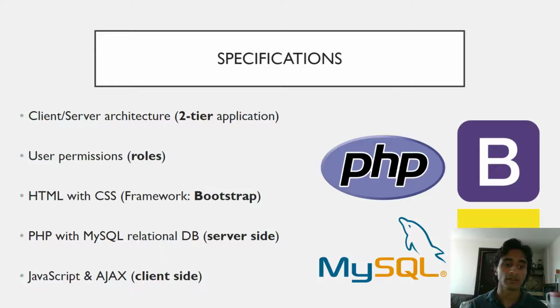Regarding the specifications, the system is a two-tier application, a client-server architecture. That's because there's a server and a client. The client sends requests to the server, and the server responds in return. There were also roles implemented.